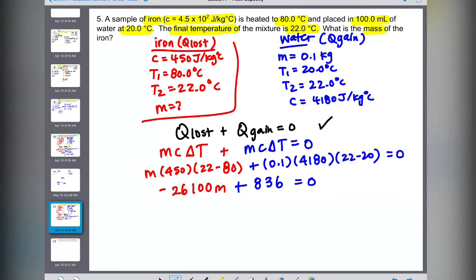Okay, bring the 836 to the other side and divide both sides by 26,100. I end up with a positive value of, I don't know, is this right? 0.032. Double check for me. I will need 2 sig digs. Okay.